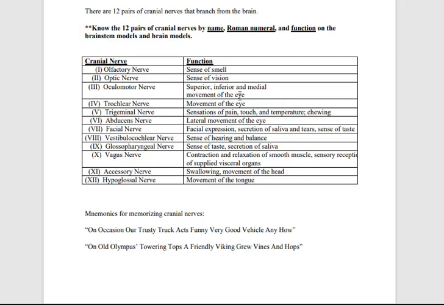And then number 4 is the trochlear nerve, also involved with movement of the eye. And number 5 is one of the more interesting of the nerves because it comes out and branches into 3 branches. That's why it's the trigeminal nerve.